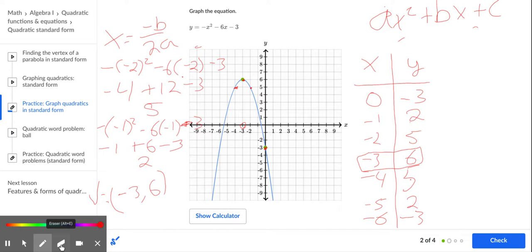Okay, so I'm going to plot those points. If I was doing this by hand, without Khan Academy doing the graphing for me, I would find my vertex using this formula, and then I got -3, plugged that in, and then got 6, and that tells me where my middle is.